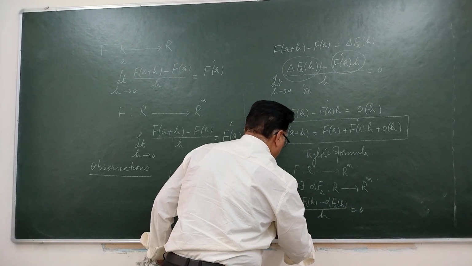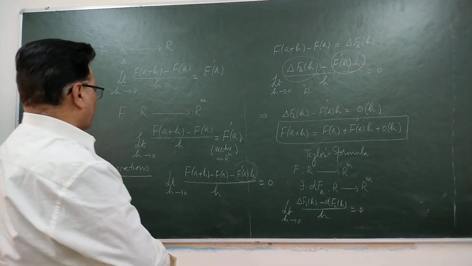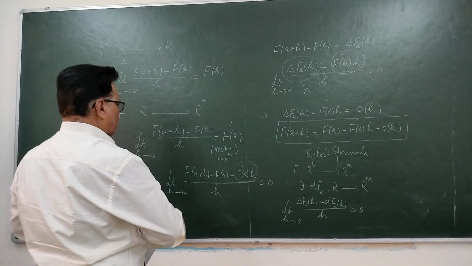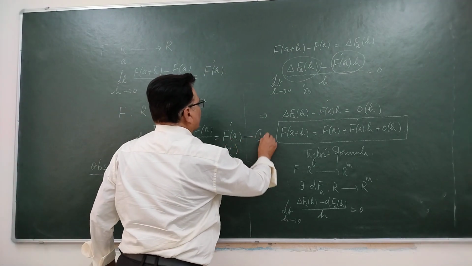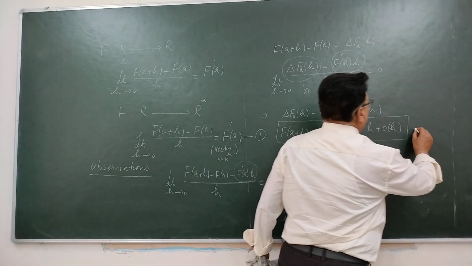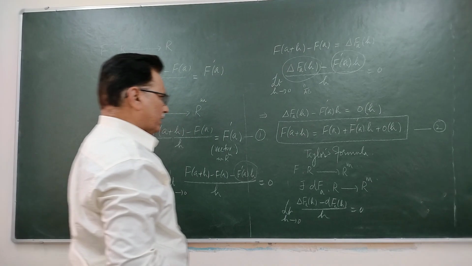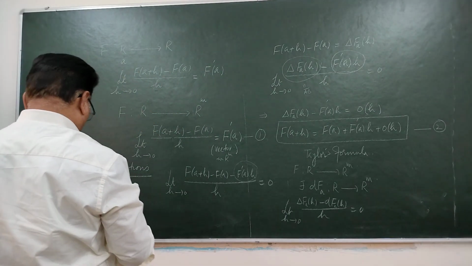So this becomes our new definition. In fact, it's a reinterpretation of our old definition. This is our old definition, which I will always refer to as number 1, and this Taylor series definition I will call definition number 2. These two definitions are in fact equivalent.